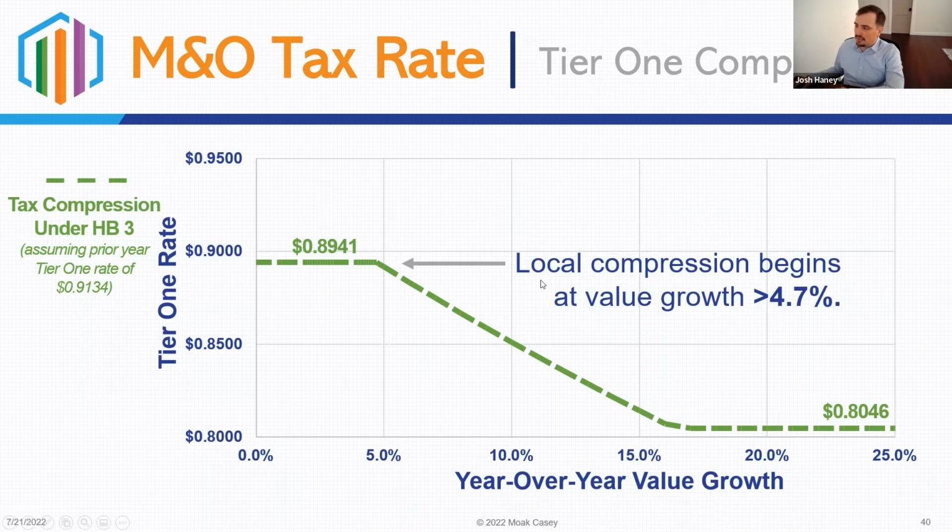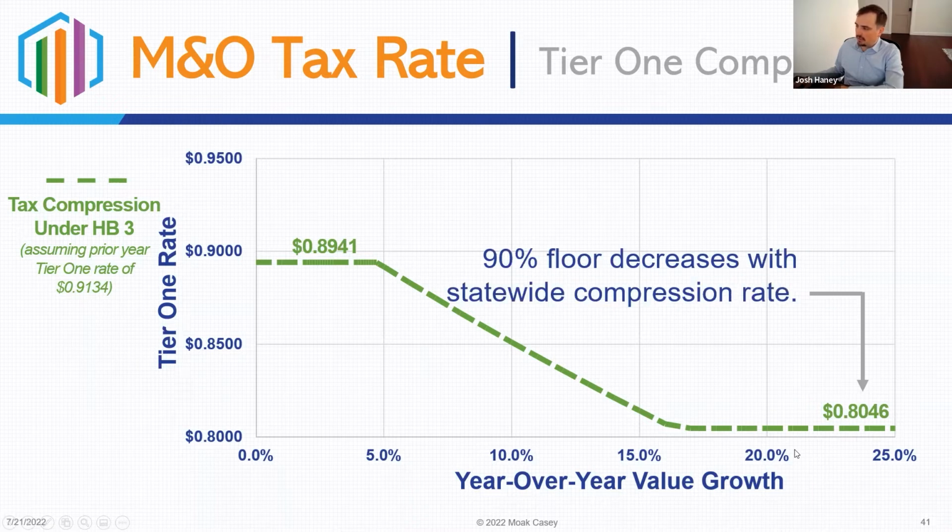Once you exceed the statewide estimate plus that additional compression amount that was tacked on, around that threshold, you're going to start seeing some additional local compression, and you're going to bottom out at that 90% floor. Again, 90% of 89.41 is 80.46. So that's the new floor for tax year 22.